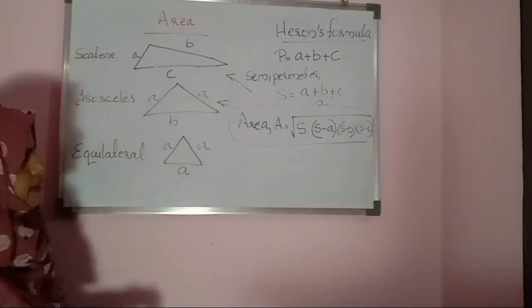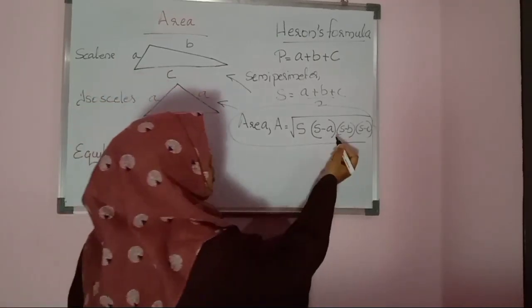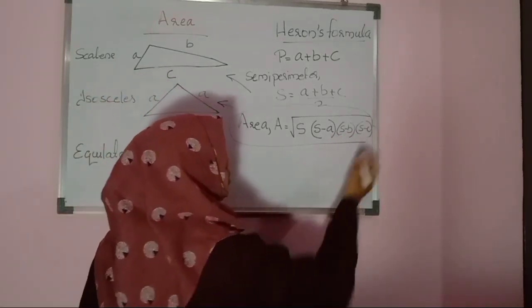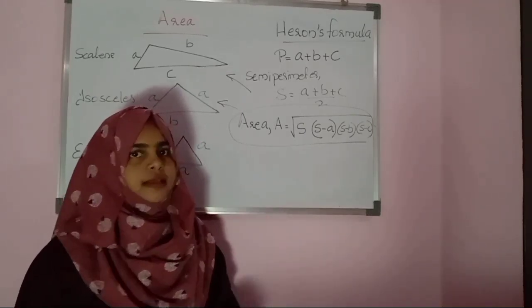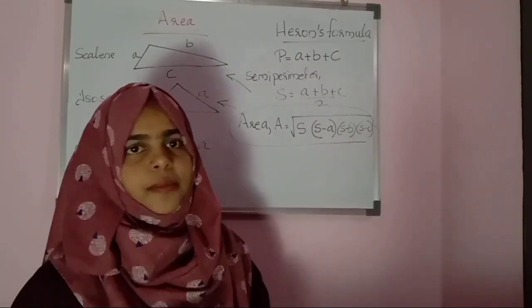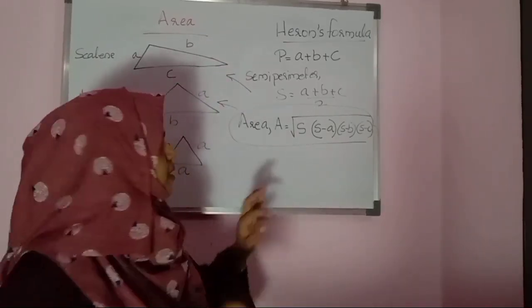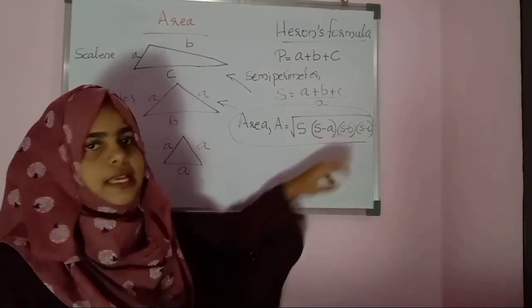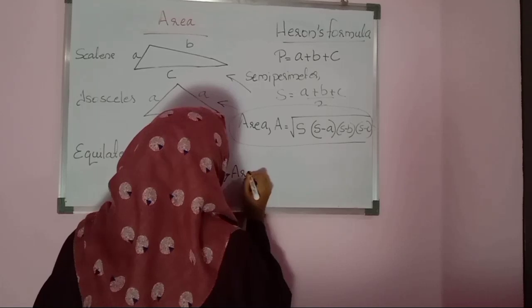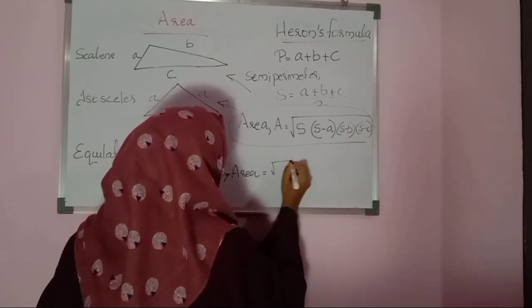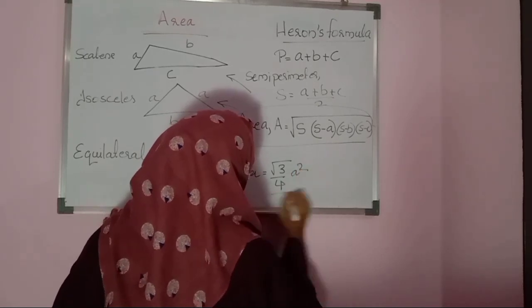But for an equilateral triangle, when we apply the values, we know that in an equilateral triangle the sides are the same. A equal to B equal to C equal to A. Then this formula will be different. If we substitute the sides of the equilateral triangle in this equation, we will get the area of an equilateral triangle as root 3 by 4 A square.